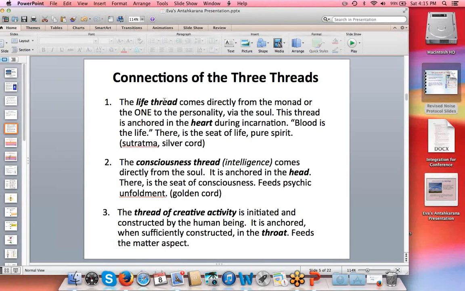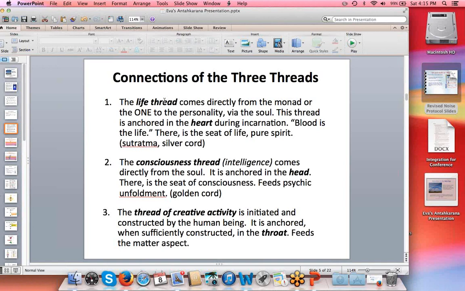The consciousness thread, on the other hand, is known as the intelligence thread, and it comes directly from the soul. It is anchored in the head. This is the seat of consciousness, because the soul is found on the plane of mind. So it's really related with intelligence, with the mind, and it feeds the psychic unfoldment, known as the golden thread.